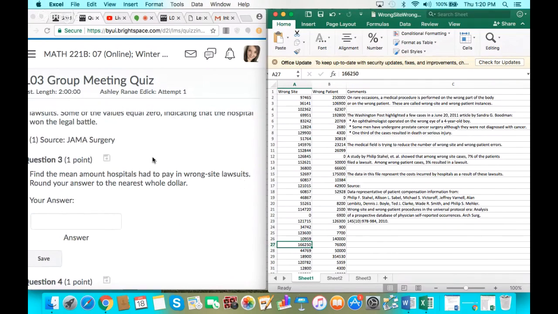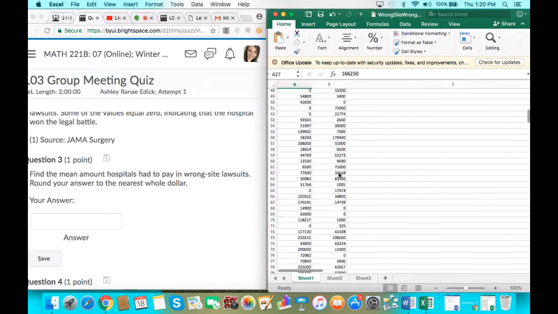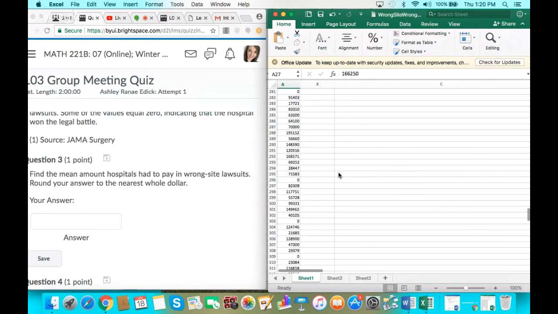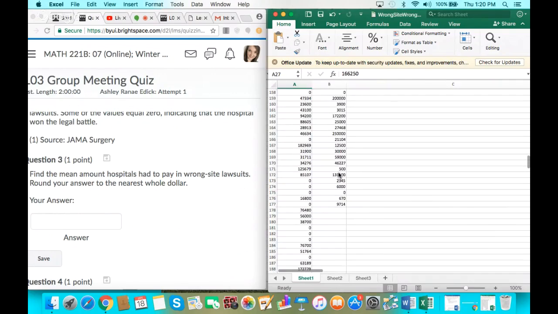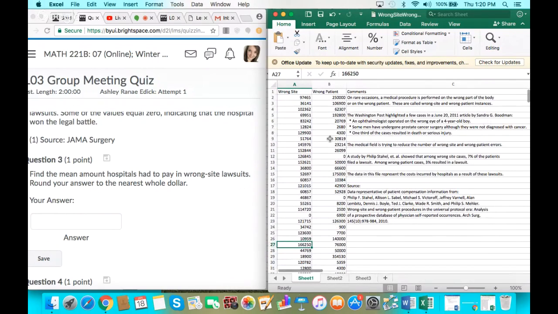So, source 1. JAMA Surgery. Okay, I'm not exactly sure. What are all these numbers right here? Oh, that's wrong site. Wrong site and the wrong patient.